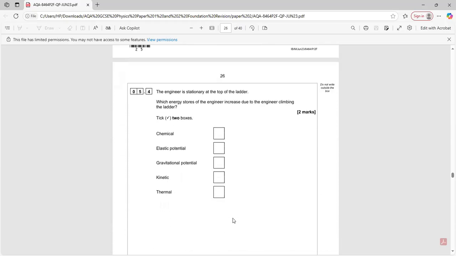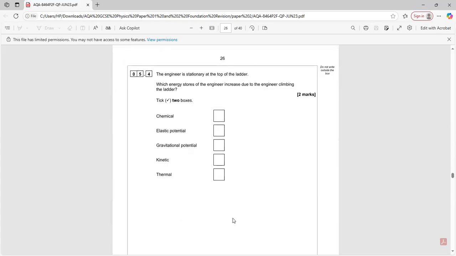So moving on. It says the engineer is stationary at the top of the ladder. Which energy stores of the engineer increase due to the engineer climbing the ladder? I've mentioned the answer to this question today.